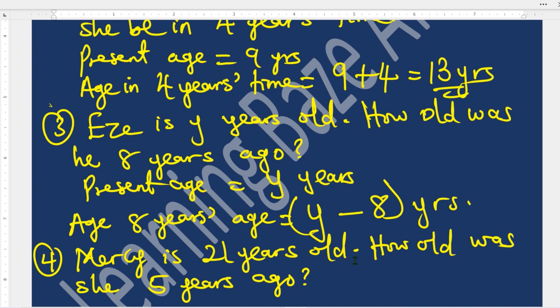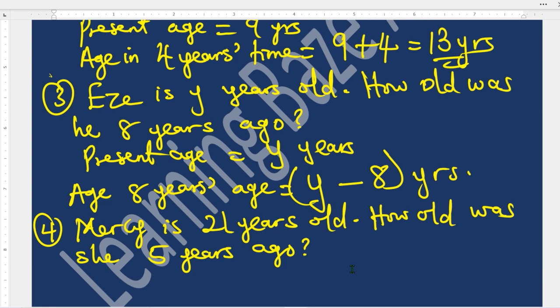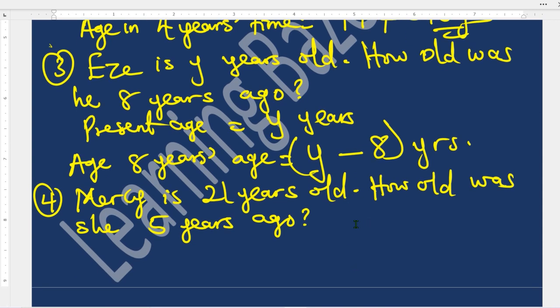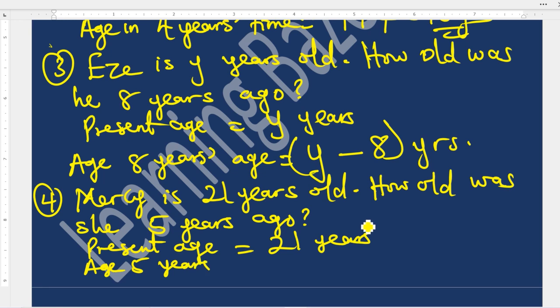Okay, this has to do with past tense. 5 years has passed. So her present age is equal to 21 years. So age 5 years ago, that's subtraction because 5 years has gone, 5 years has passed.